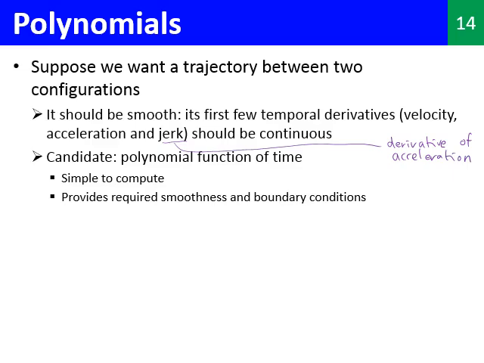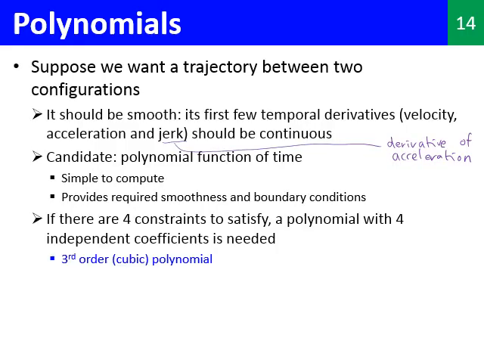Polynomials are simple to compute and they provide required smoothness, and it is easy to assign the boundary conditions. If we have 4 constraints to satisfy, then we need a polynomial of 4 independent coefficients. That is, we can use a third order or a cubic polynomial for this purpose.